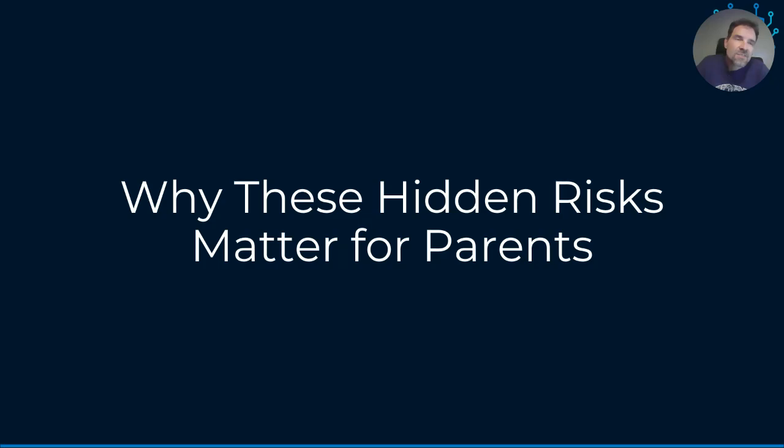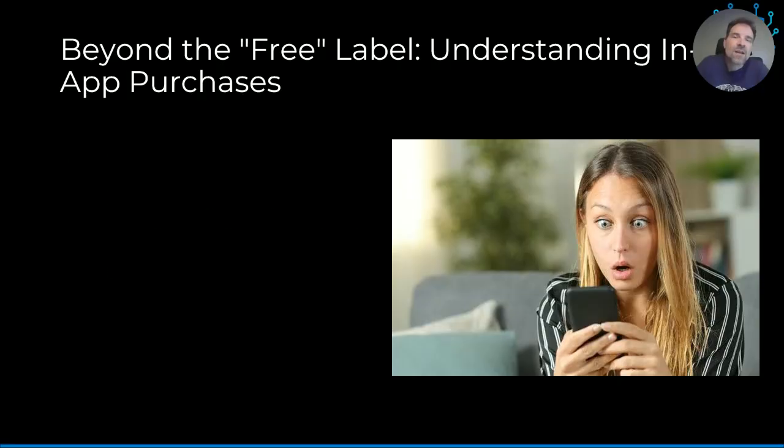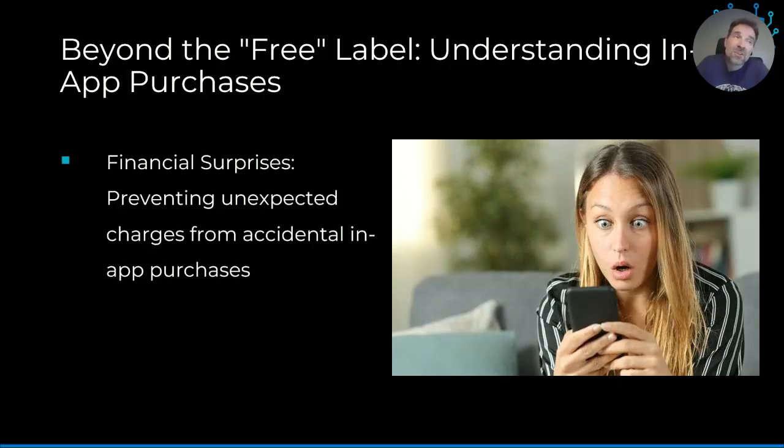So why do these risks matter, right? First, you don't want a financial surprise of receiving a notification from your credit card that you bought $150 of Robux this morning while you were at the office.